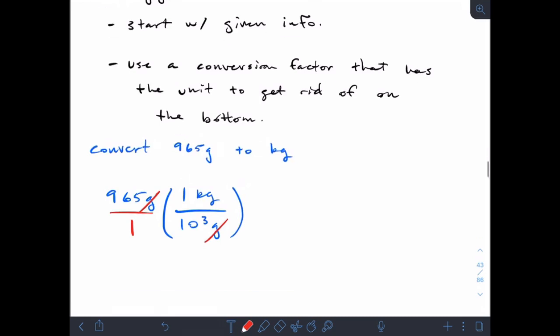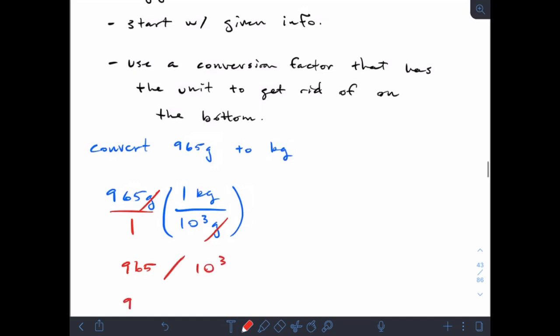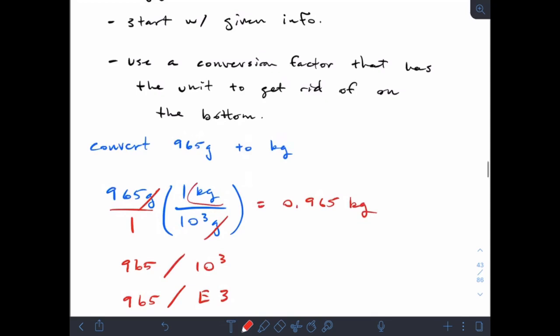So what I'm going to enter into my calculator is 965 divided by 10 to the 3, or to put it in terms of what you see in your calculator, divided by E3. If it's on the bottom of the conversion factor like it is here, we divide. If it's on the top of the conversion factor, we multiply. In this case, we're multiplying by 1, so we don't have to worry about it. Our answer here will be 0.965 kilograms, because kilograms is the unit that's left over.